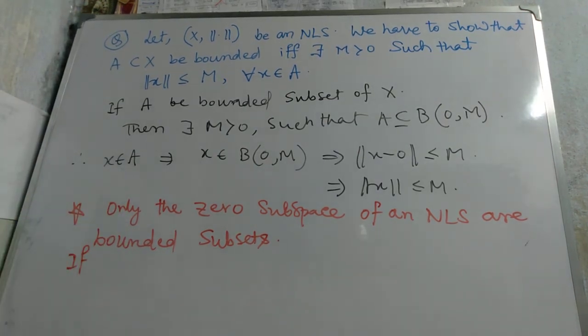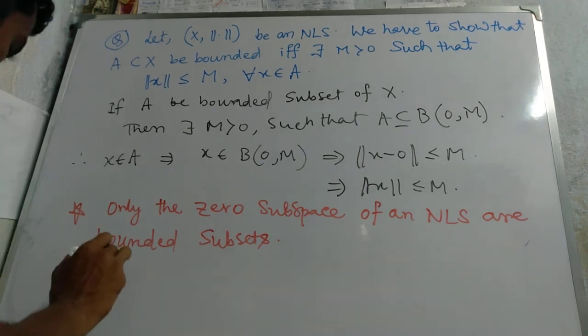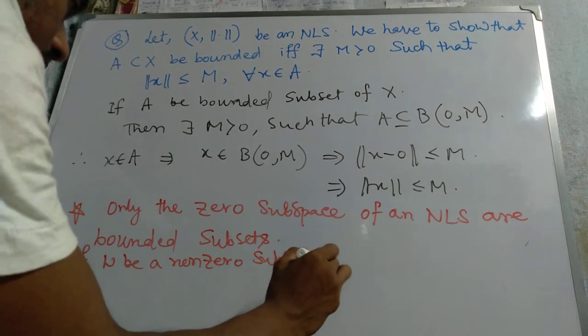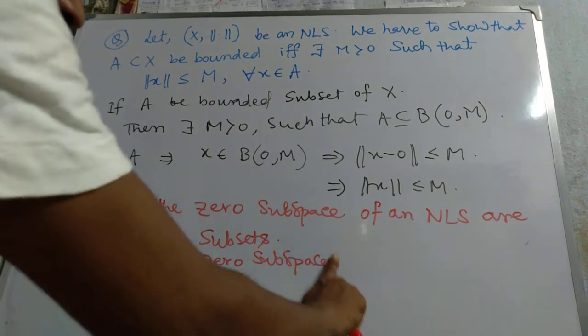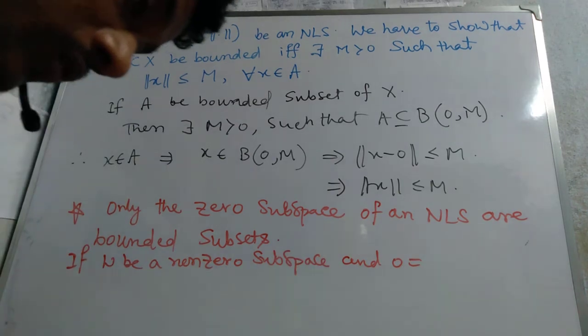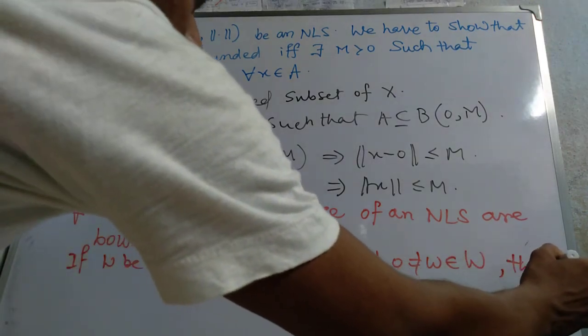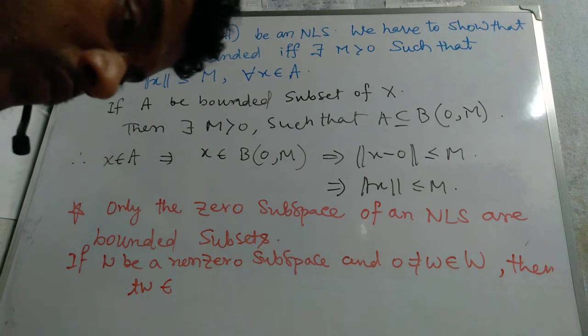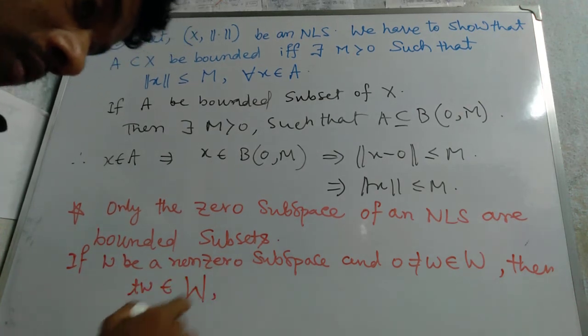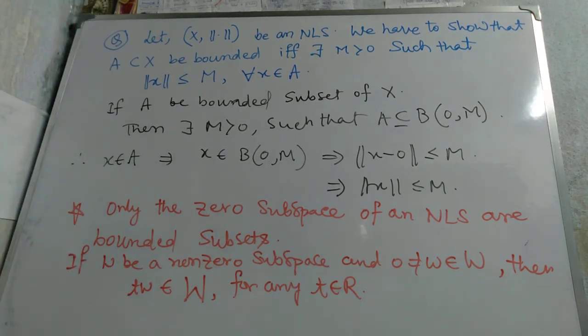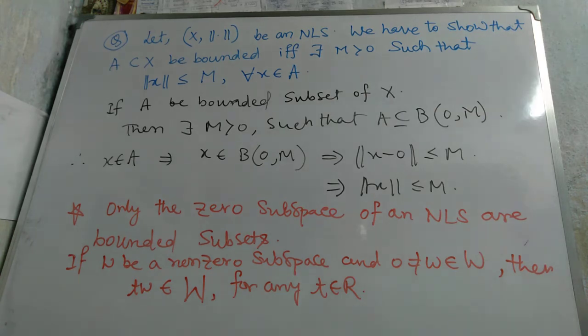Otherwise, if W is a non-zero subspace and w belongs to W, then tw belongs to W for any t belongs to R. So only the zero subspace of a normed linear space is a bounded subset.